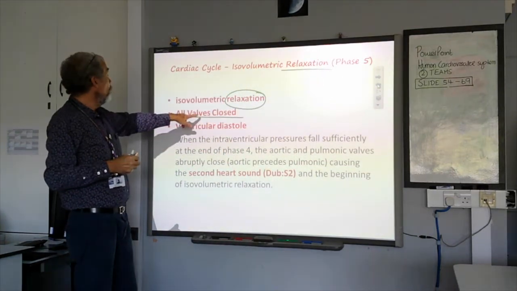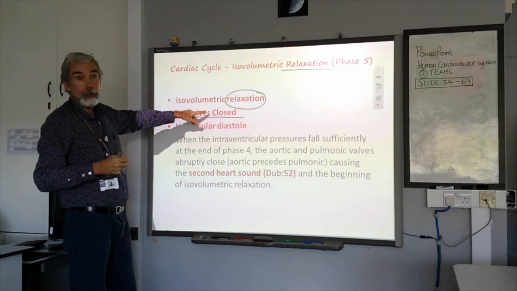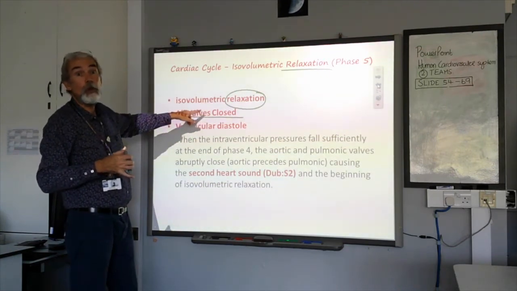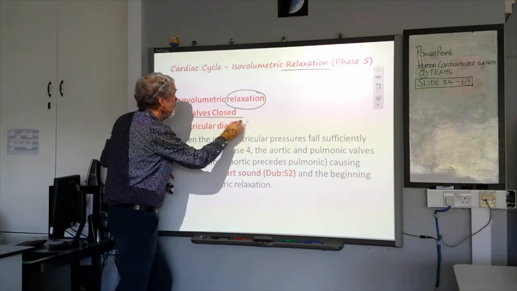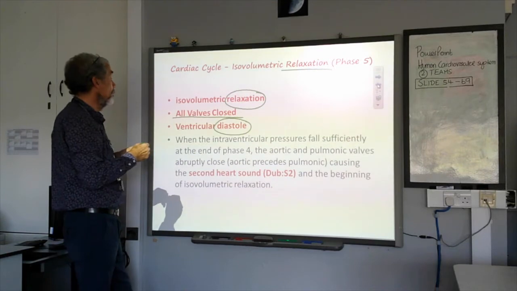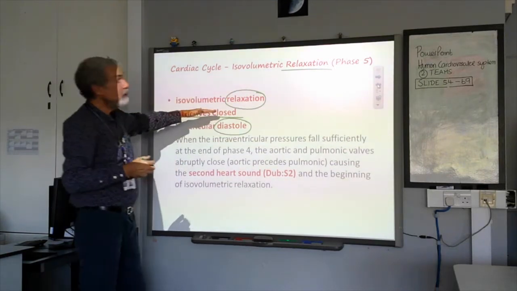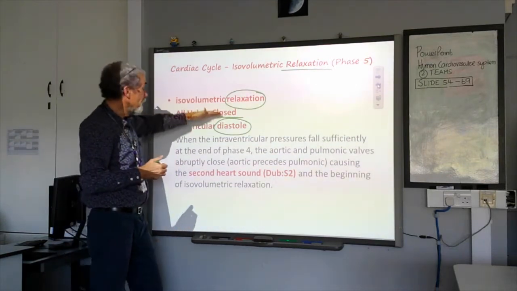Isovolumetric relaxation. All valves are now closed because the pressure in the ventricles is so low that we're now into what we call ventricular diastole, which means all these valves are shut, everything is closed.